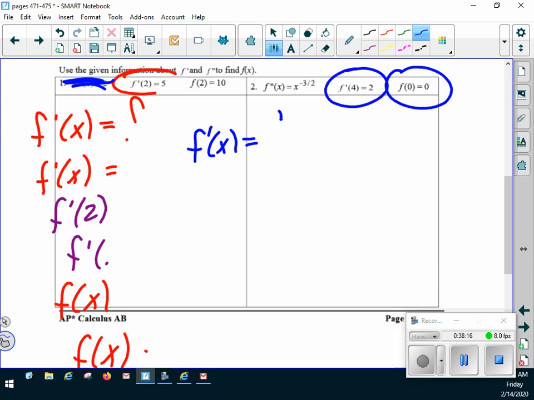F prime of x is the integral of the second derivative. So the integral of the second derivative with respect to x. What is f prime of x? What is the antiderivative of x to the negative 3/2?